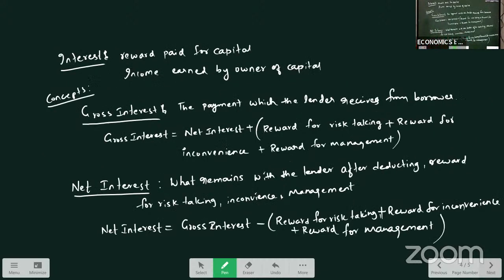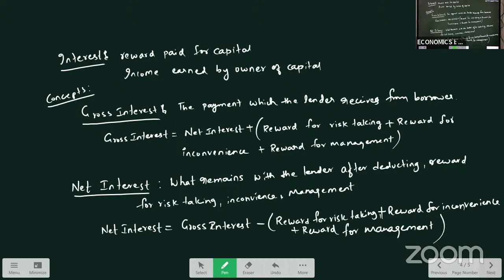Next, interest. Interest is the reward paid for capital, or income earned by the owner of capital. The two concepts of interest are gross interest and net interest. Gross interest is without any deductions, the payment which the lender receives from the borrower.